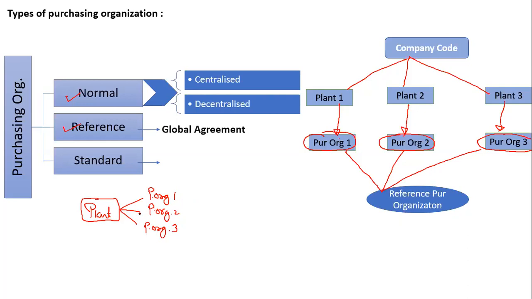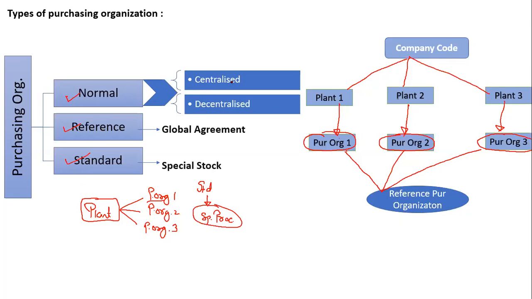If a plant has more than one purchasing organization, then we have to set one of them as a standard purchasing organization, which is used for special procurement like consignment and pipeline. In that case, we can't use any of the other purchasing organizations. We have to use the standard purchasing organization only.